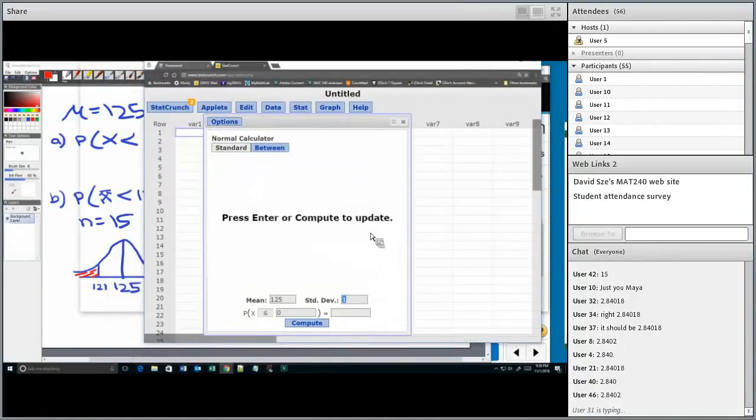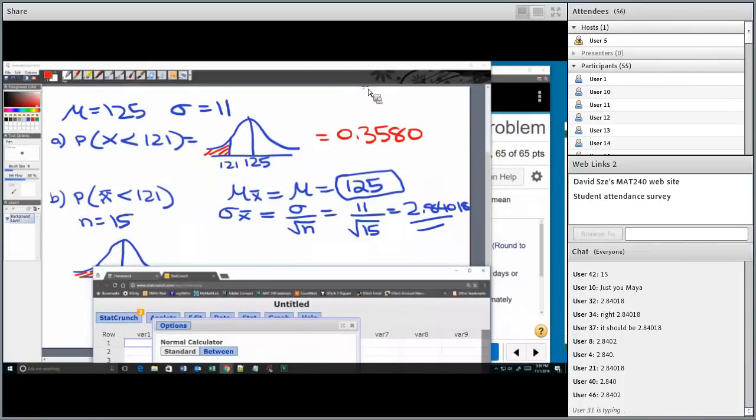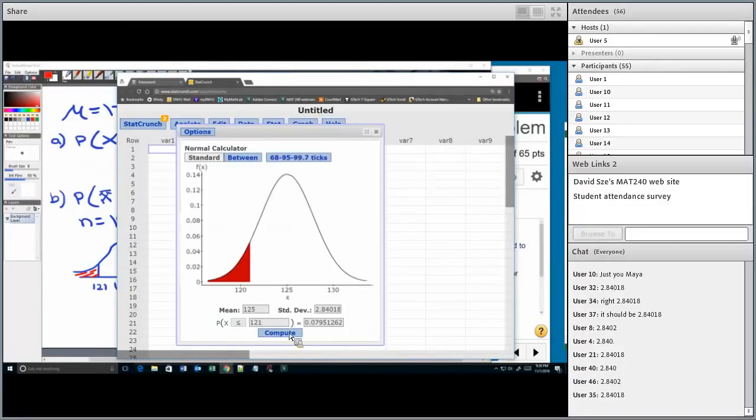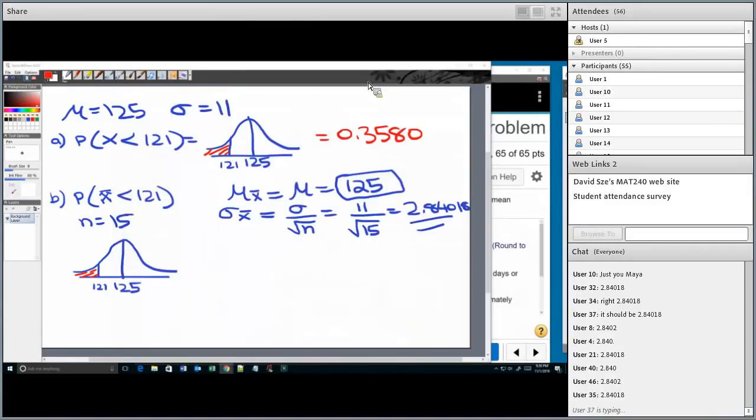So I'm going to type that. 2.84018. Okay. And I still need the probability that the value is 121 or less. Compute it. And now I get 0.0795.